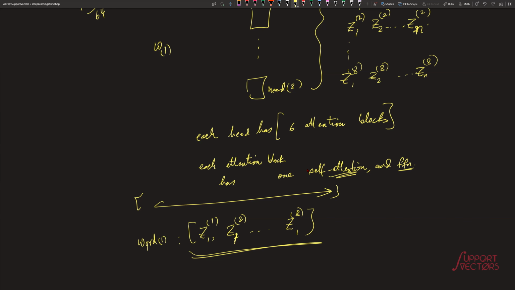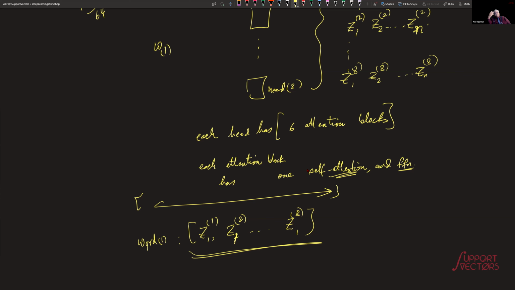So this specific architecture has 8 heads. The classic transformer research paper had 8 heads. And when people implement it, it's very common for them to implement it with 8 heads. And each head internally has 6 of these attention blocks layered on top of each other like pancakes, right?